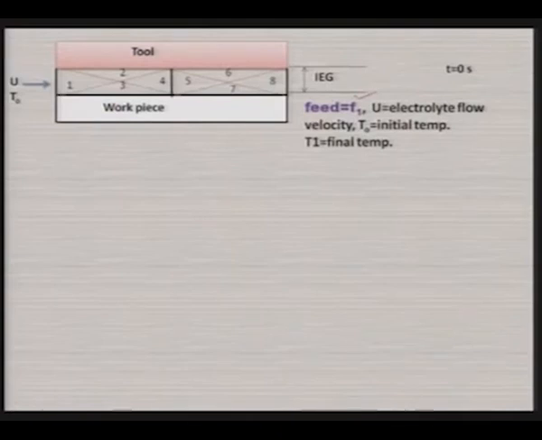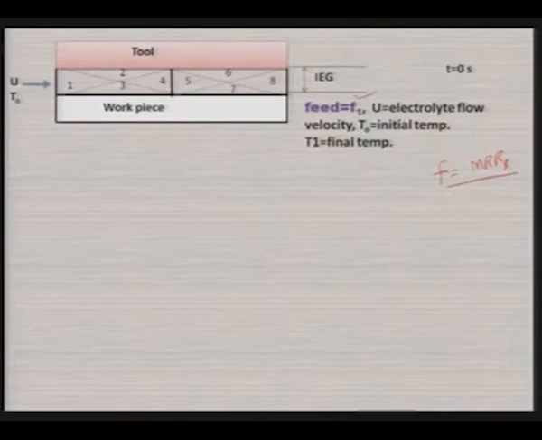Now, this feed is to be selected very carefully. The simple rule is the feed rate should be equal to the linear material removal rate. That means, F should be equal to MRRL, linear material removal rate, that we have already discussed.